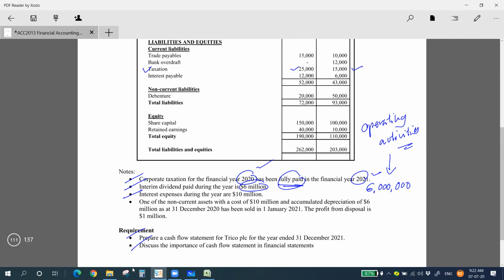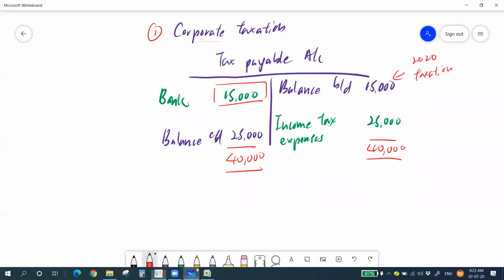Next, it says that interest expense during the year is 10 million. For this additional information, it will link to your interest payable account. So we have to draw the interest payable account for this adjustment. This is adjustment number 3.